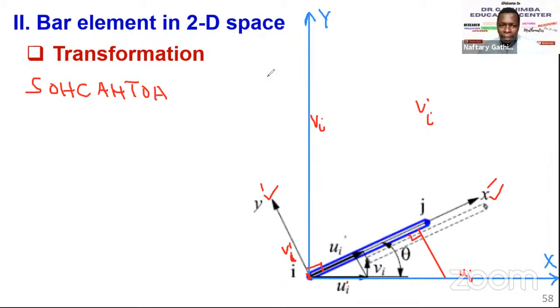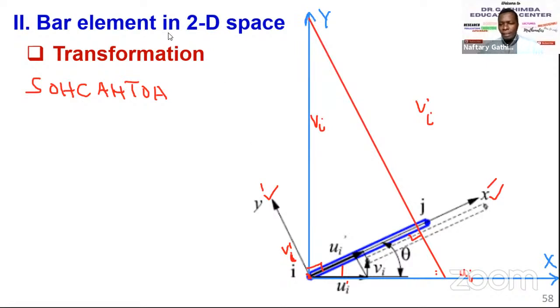So again, I can stretch this. This angle is theta here. This angle is 90 minus theta here. I can extend this line to meet my y-axis at that point.